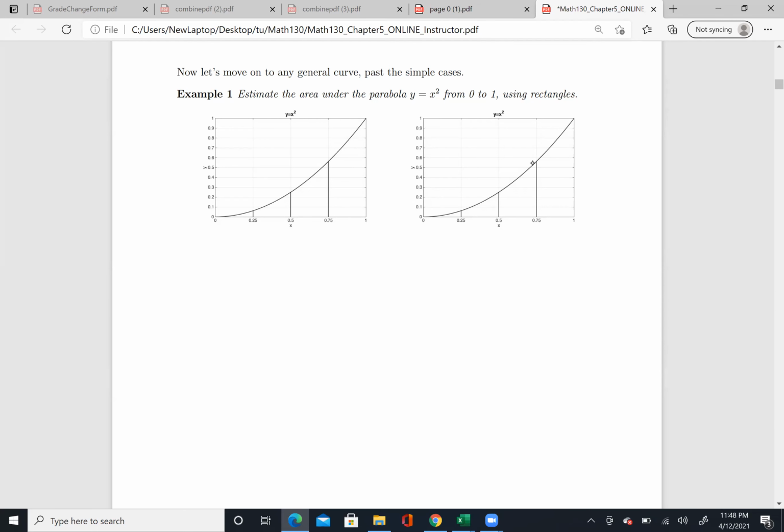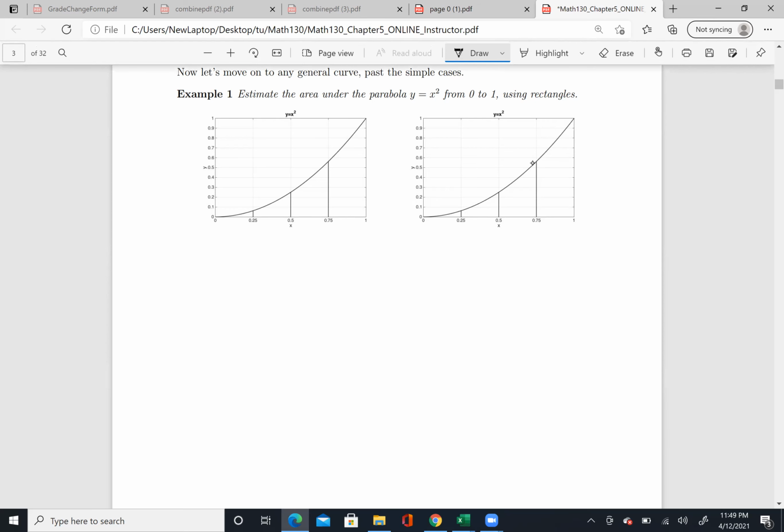So you can see in here, we want to estimate the area under the parabola.